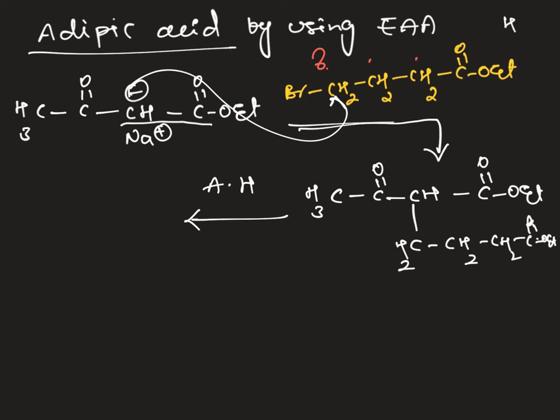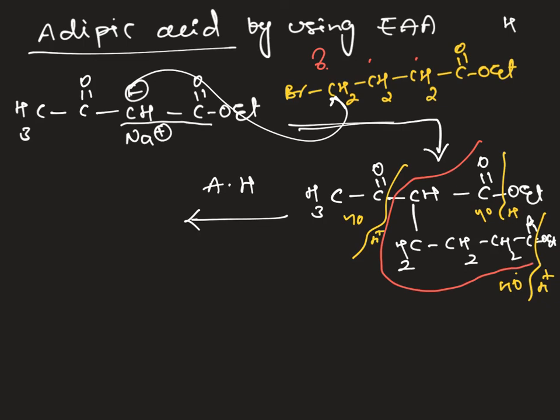When we do acidic hydrolysis, the cleavage will take place here and here, and here also an ester group is there, cleavage will take place. In total 3 moles of base are involved in the hydrolysis reaction, and we get the dicarboxylic acid.